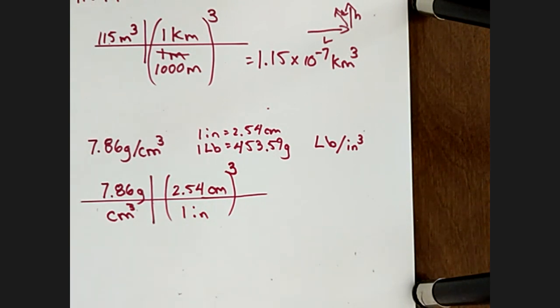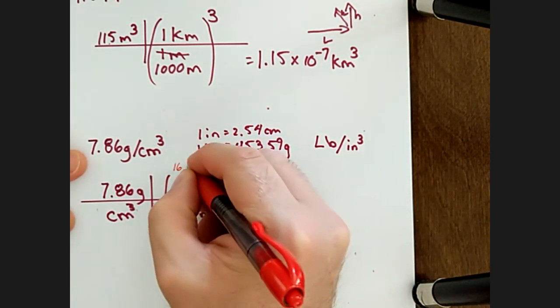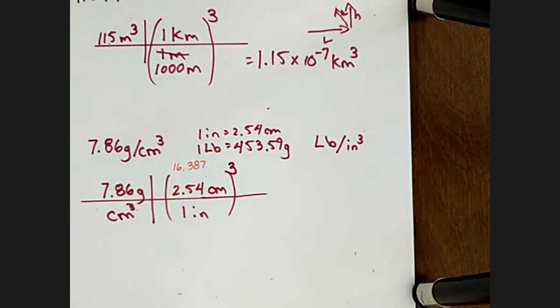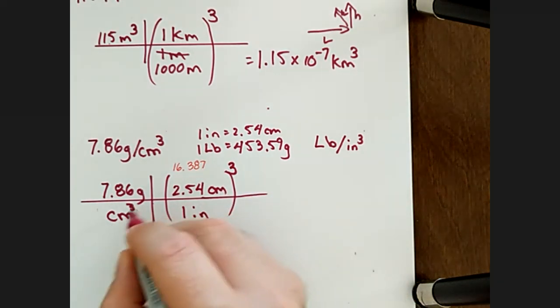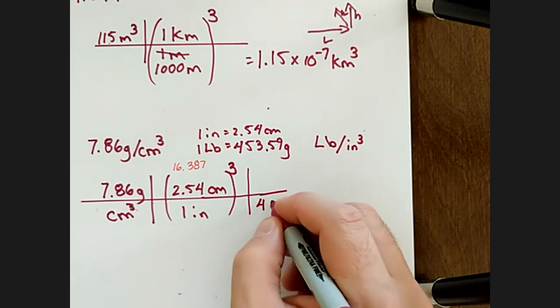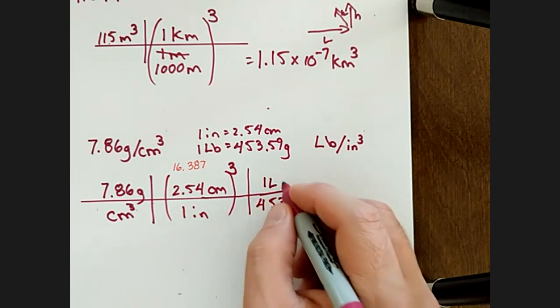So what you might do then is write that cube value at the top here. That'd be 2.54 cubed. So that becomes the real number. So this gives me my centimeters cubed, and then there are 453.59 grams in 1 pound.